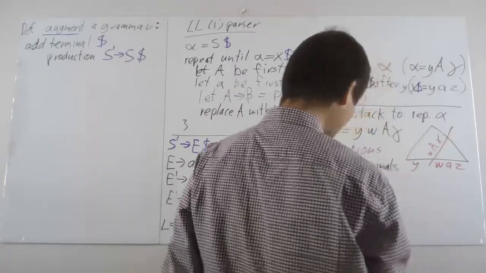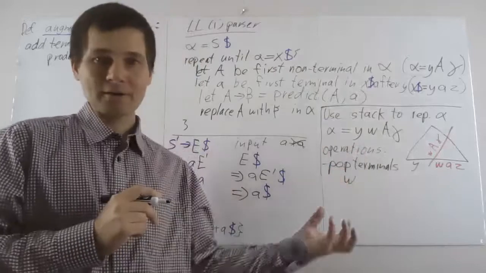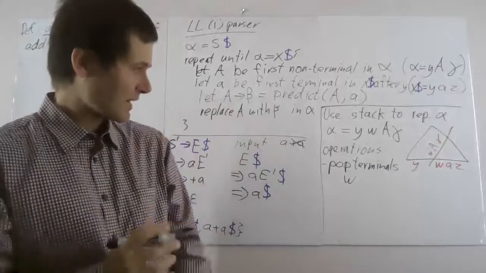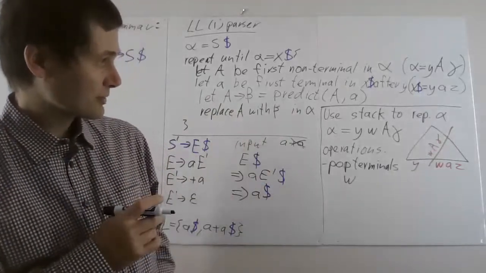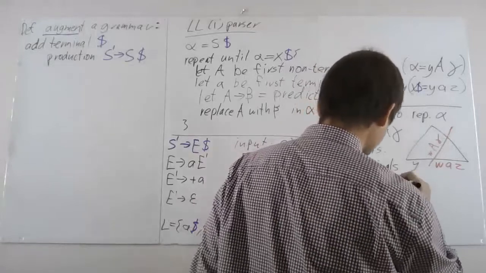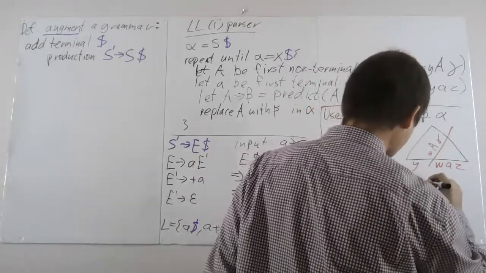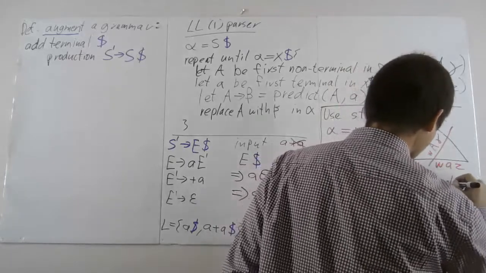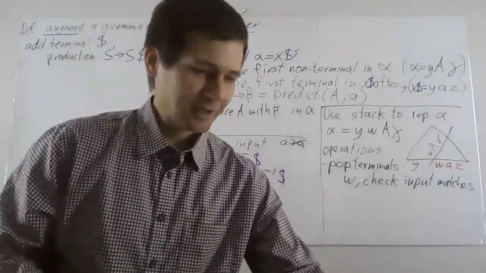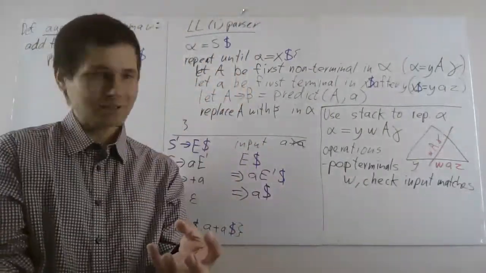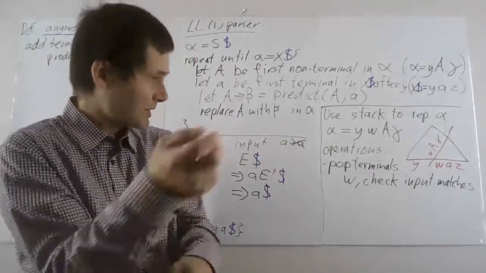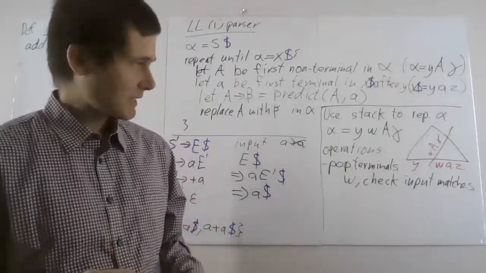I mean, I'm going to pop one symbol at a time, but I'm going to pop terminal symbols off the stack as long as there are terminal symbols at the top, and I'm going to check that the input matches. Okay, so I'm going to take my stack. I'm going to pop things off as long as they're terminals. Well, they had better be the same terminals in the input because terminals don't change to anything else.